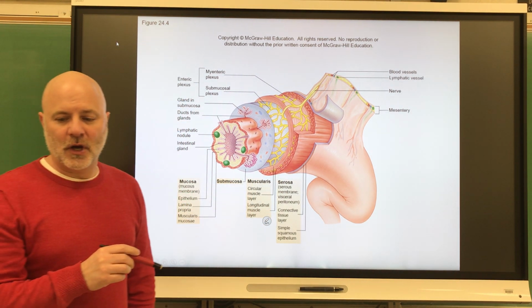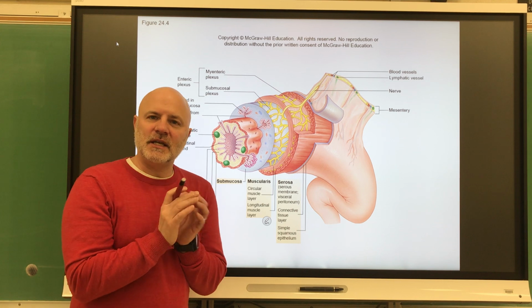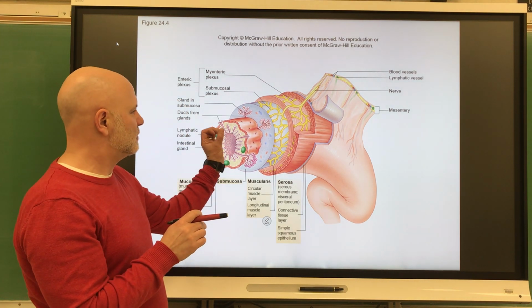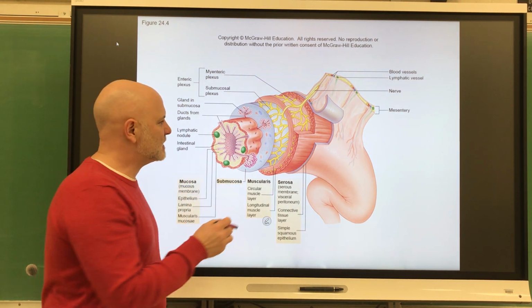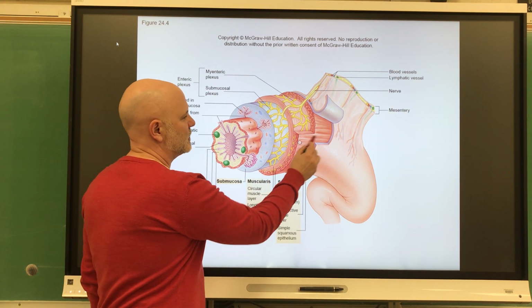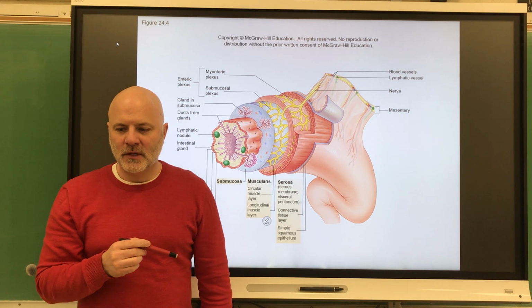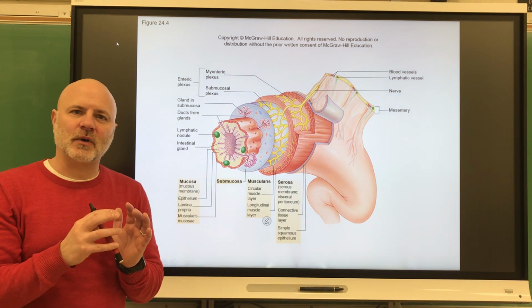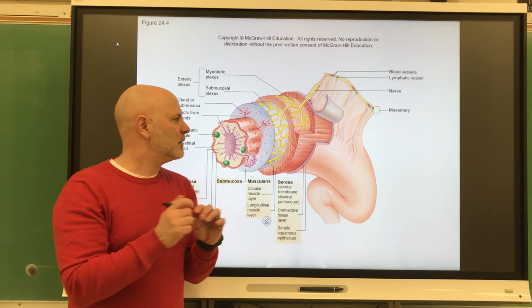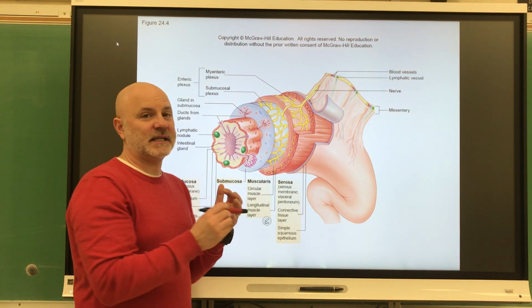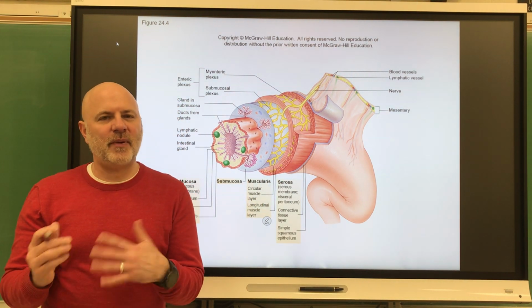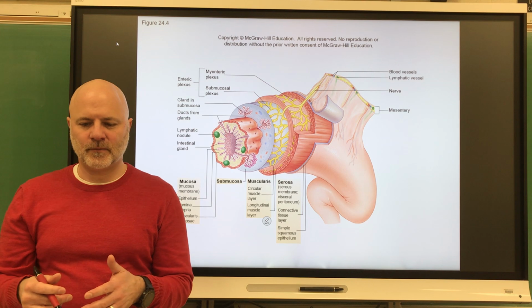When these contract, they decrease the diameter of the tube, so the tube's going to get a little smaller. Outside of that are the longitudinal fibers. You can see they move lengthwise to the organ, so when these contract, they make the tube shorter. These two layers work together to produce the movements of peristalsis and segmentation.